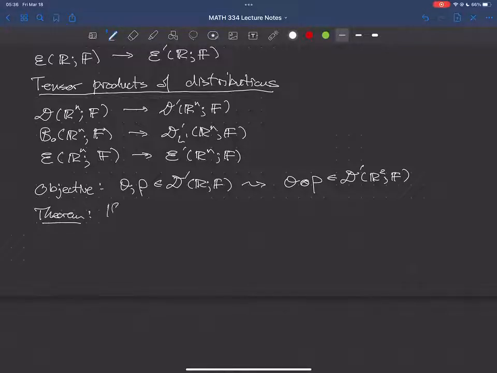Before I state the theorem, I should introduce some notation.